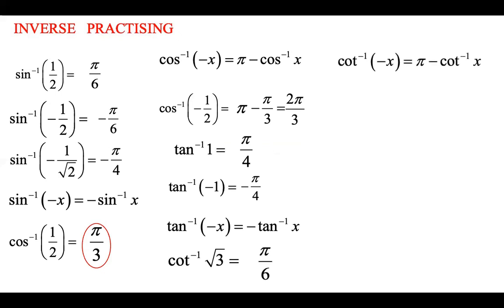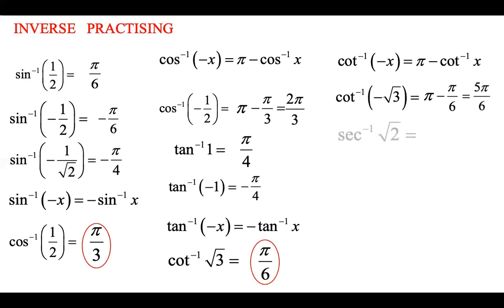But cot inverse minus x again works like pi minus cot inverse x, just imitating cos inverse of x. So cot inverse minus root 3 will be pi minus, without the minus sign, cot inverse root 3, that is pi by 6. That pi by 6 is subtracted, it is 5 pi by 6.